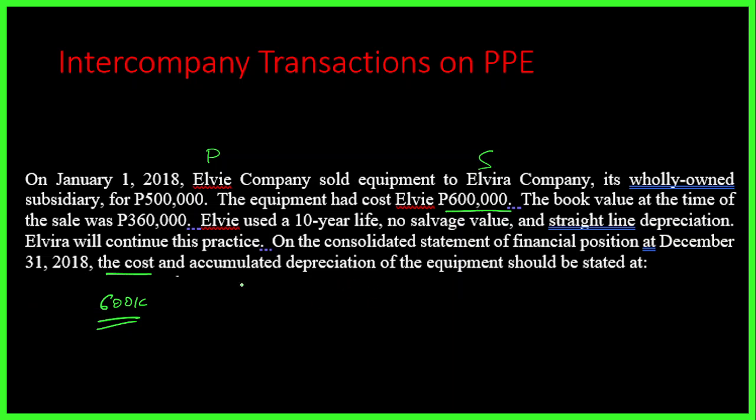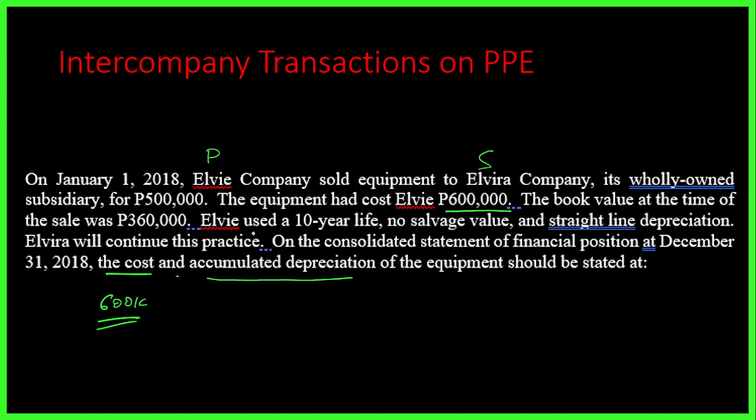What about the accumulated depreciation? Now let's see, the book value at the time of sale was 360. So that's January 1, 2018. Now it's asking for December 31, 2018. Parang ayos lang pala, no?